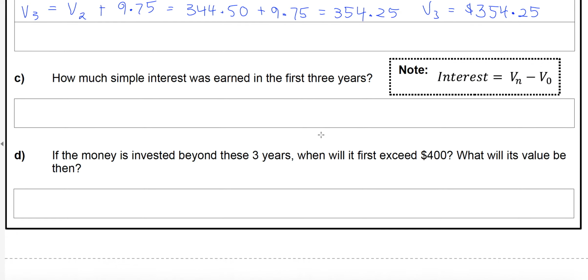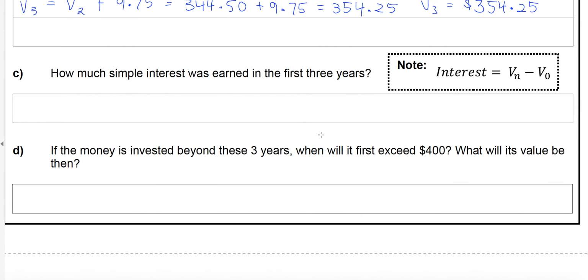Now, this is assuming you haven't added to the account in any other way. This is assuming that you've only earned money from the interest that was being added. So if we do it this way, we've got whatever we've got at the end, which was V3, take away V0. So that will be 354.25 take away what we started with, 325.